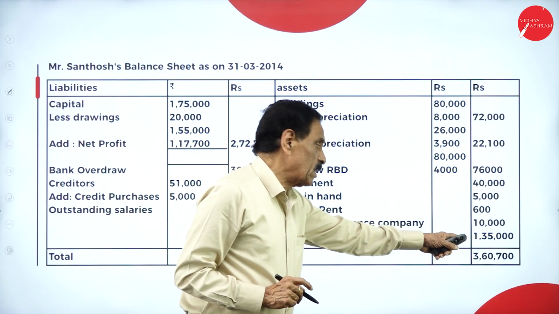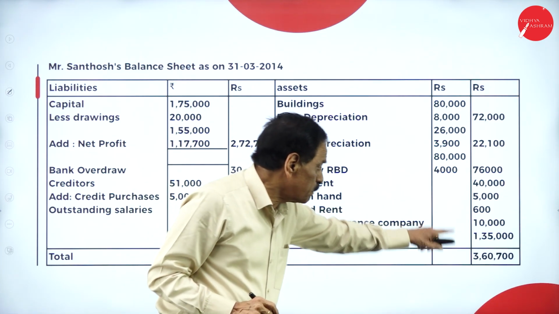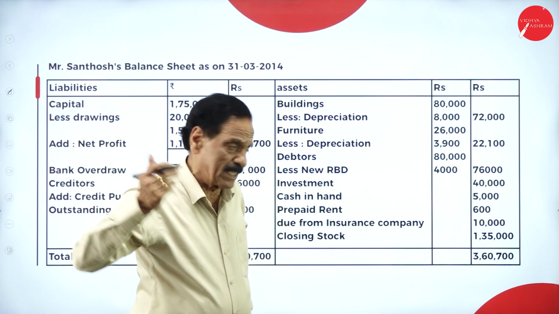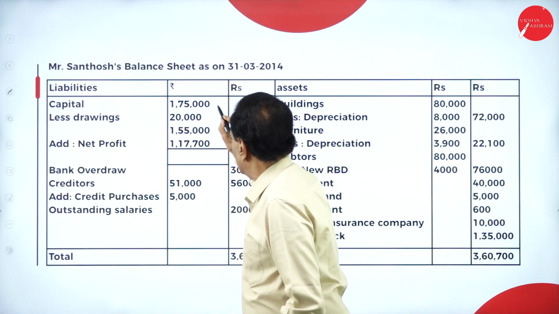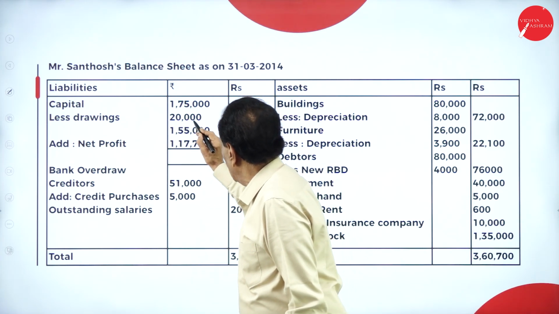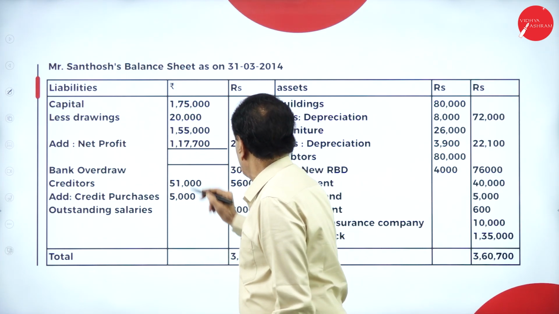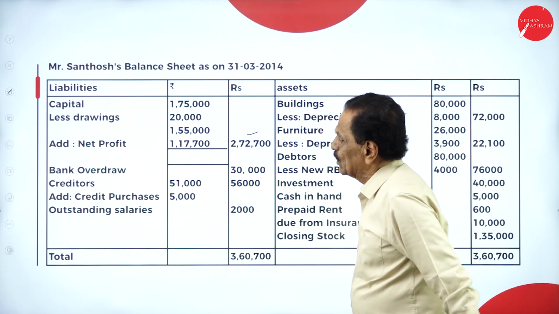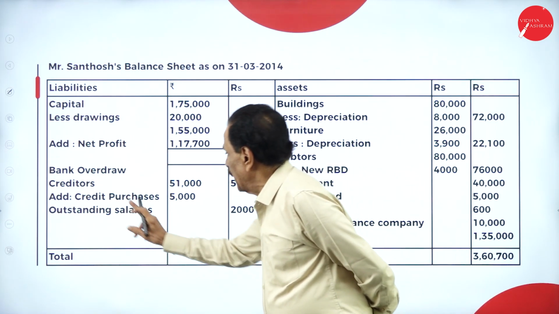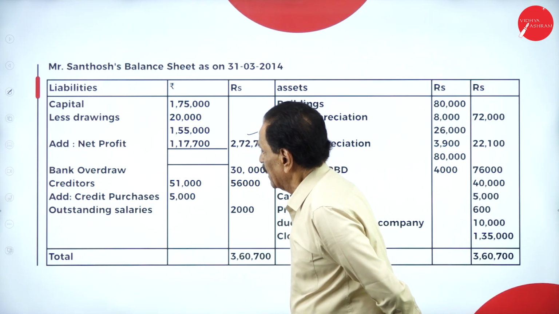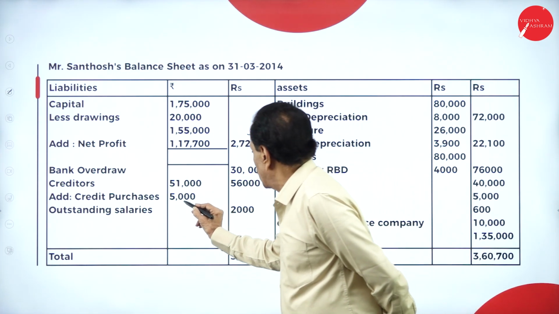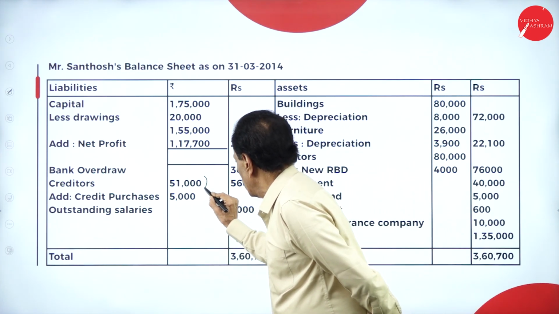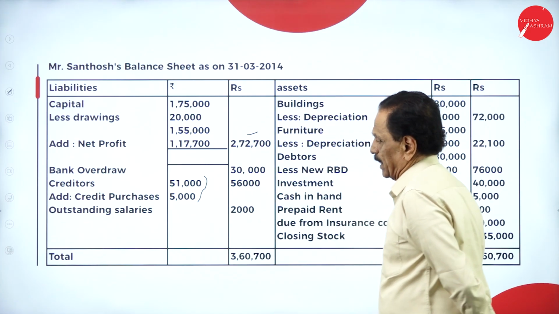Closing stock is 1,35,000. This becomes the opening stock for the next year. Come back here. Your capital is 1,75,000, less drawing 20,000, add net profit, it becomes 2,72,700. Bank overdraft 30,000, creditor 51,000, add credit which has been omitted 5,000, 56,000.